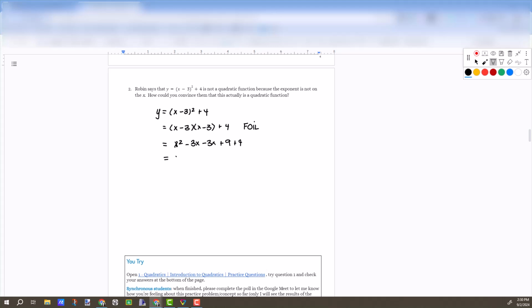Putting this all together, we get x squared minus 6x, and 9 plus 4 is 13. And in this form, we can see that this actually does have the square on the x variable, and no other exponents are higher than it. So I hope this is enough to convince Robin.